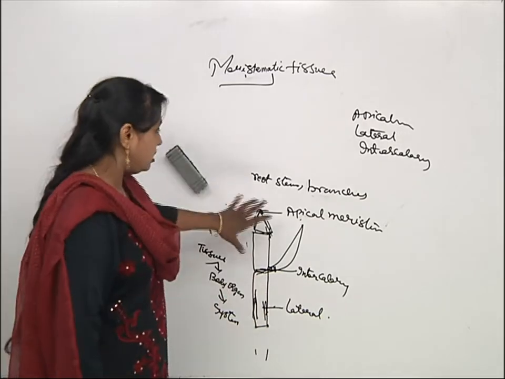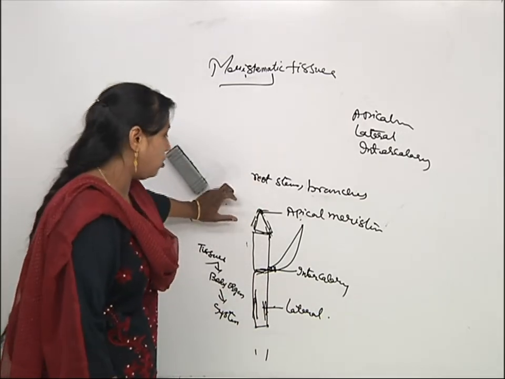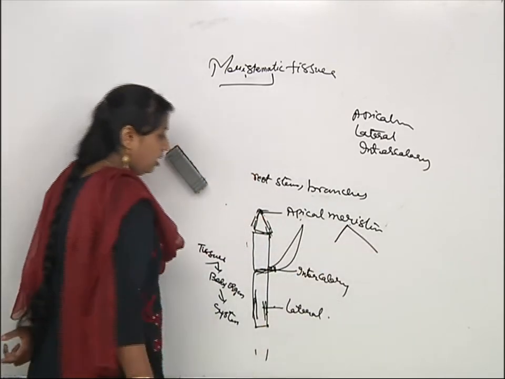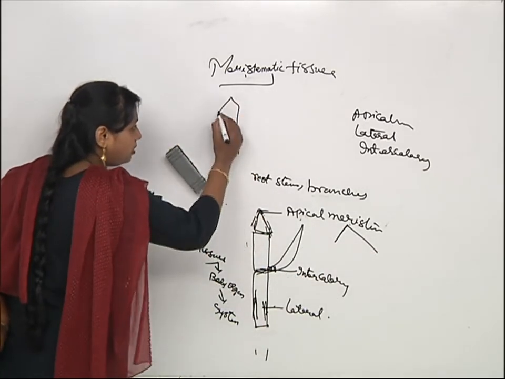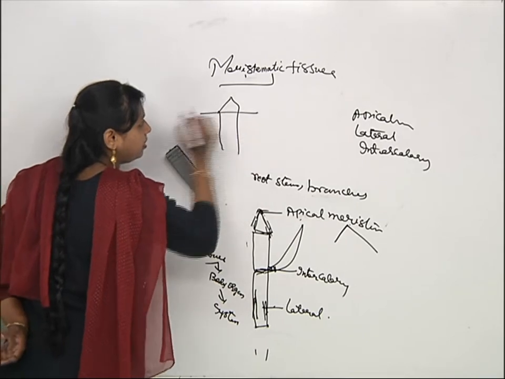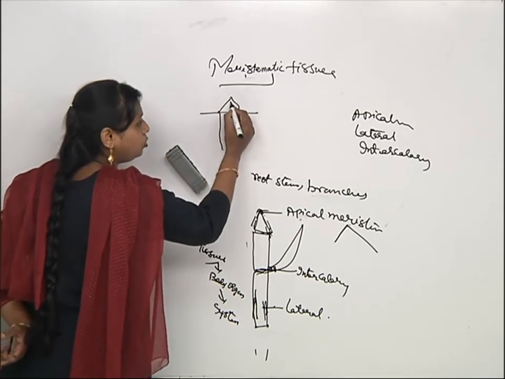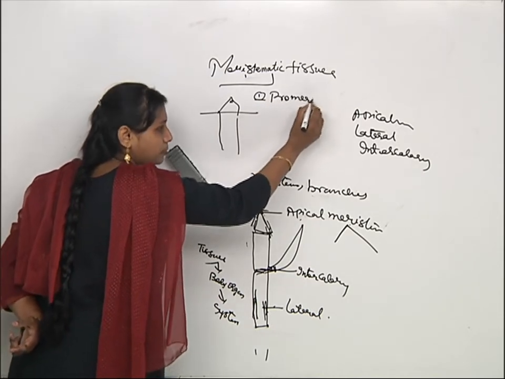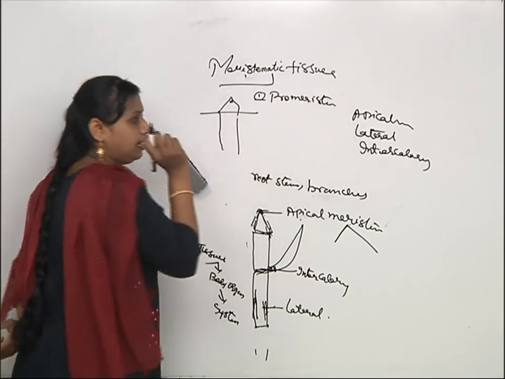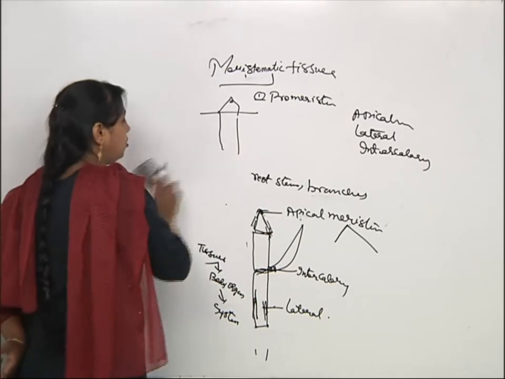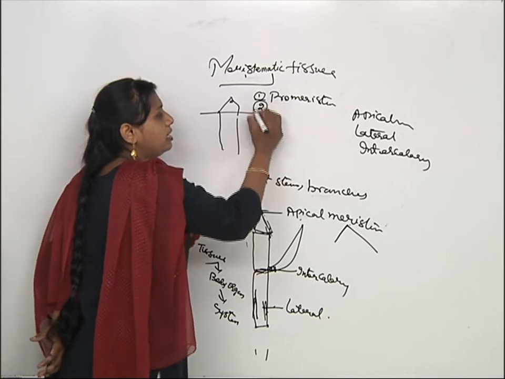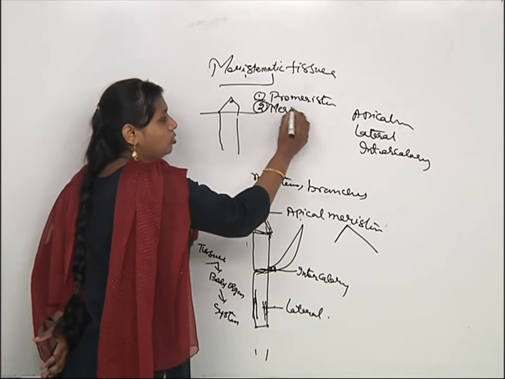Okay. Now, what is happening here? These apical initials will undergo division; this apical meristem has 2 more parts. If it is an apical tip, here this is the apical meristem. So, here you have 2 sections. First one is called promeristem, and another one is the meristematic zone.